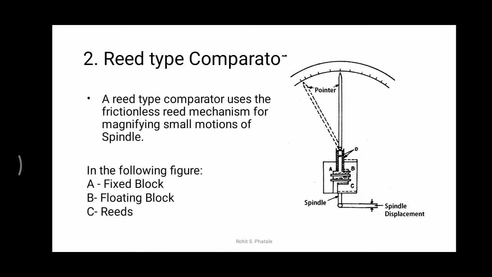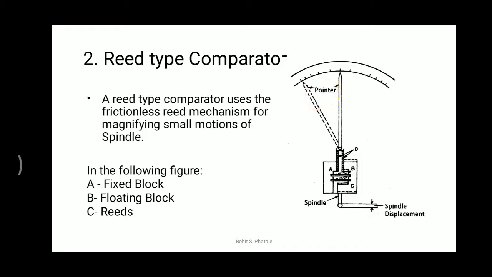Because of that, one part will remain fixed and another part will give displacement. So this kind of shape happens, and this kind of signal is given to the pointer, or to the linkages, and those linkages will displace the pointer.